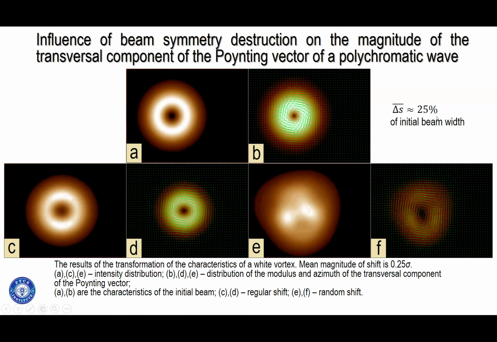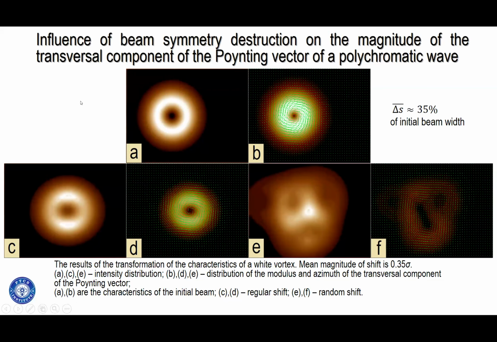The shift is about 25%. It can be seen that the deep minimum for the regular shift has also disappeared. For the random shift, we can see that the minimum changes to a maximum, but the circulation of the pointing vector is observed for both cases.